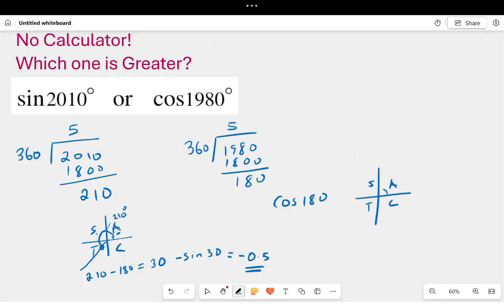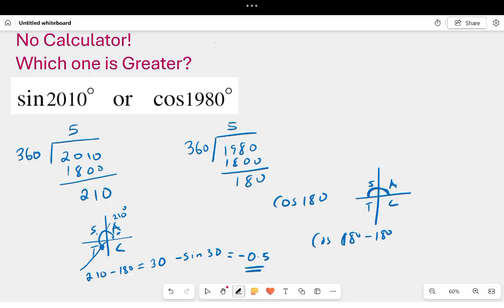Now 180 is in the second, or just past the second quadrant, and this is just the same as the cosine of 180 minus 180.